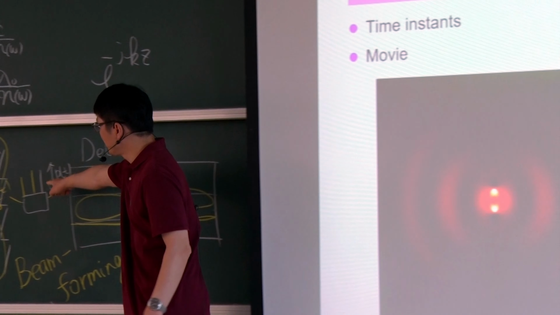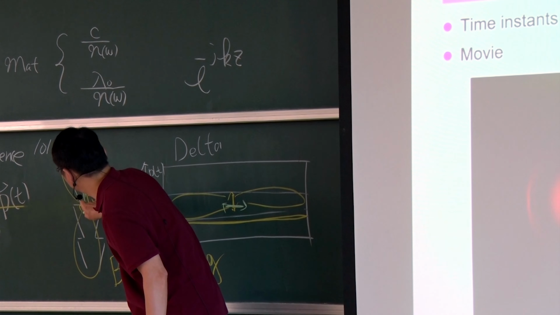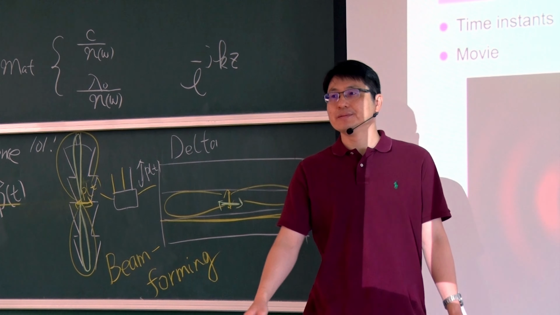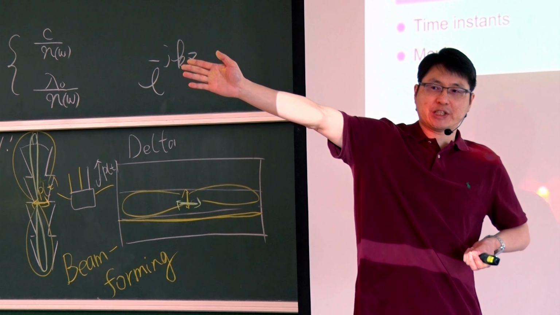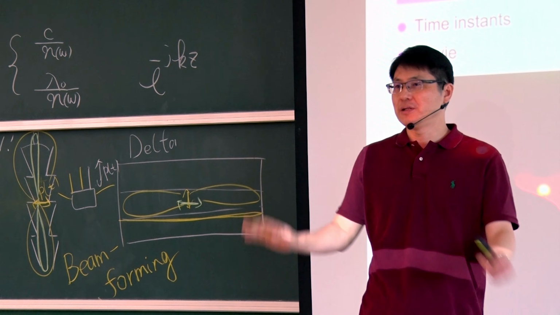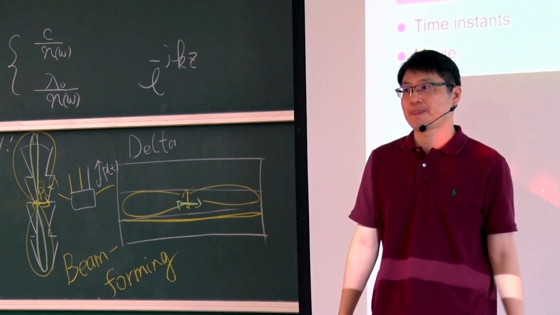And if you have multiples aligned, you can shrink the coverage space, right? Only a single desired direction is having strong constructive interference, and all the others are having destructive interference. Okay?